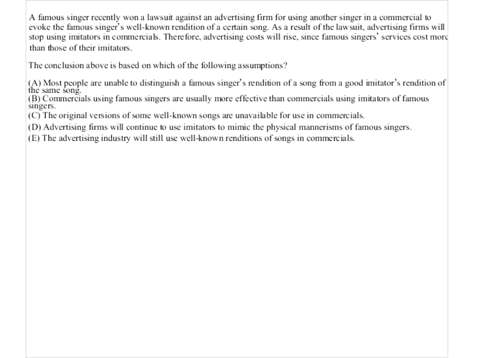But let's go ahead and do the reversal method here. The most popular choices were B and E. So let's use the reversal method on those choices. For choice B, the reversal of choice B says commercials using famous singers are usually more effective.